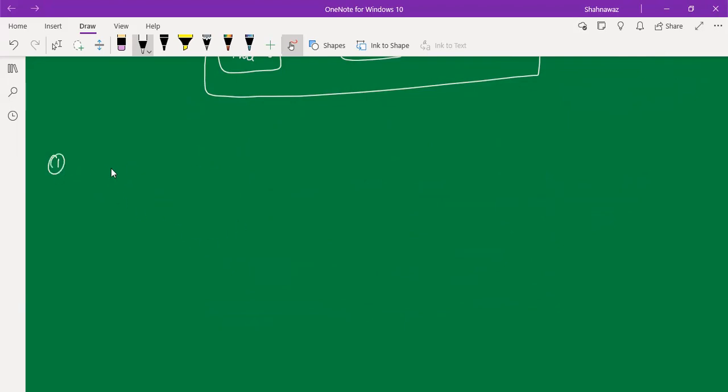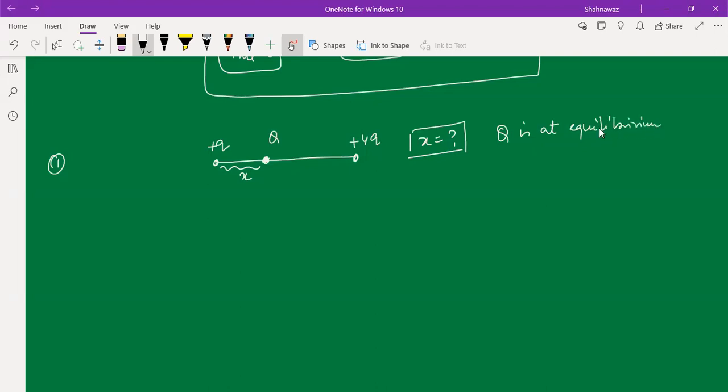The first question is, let's say you have some charge plus q and plus 4q, and you are placing some charge, let's say q, at this point, which is at x distance from this smaller charge q. We have to calculate x so that this q is at equilibrium, right, guys?